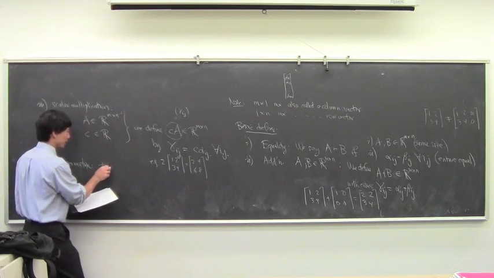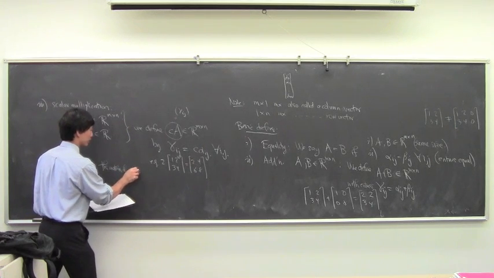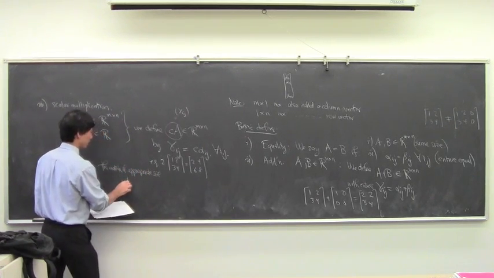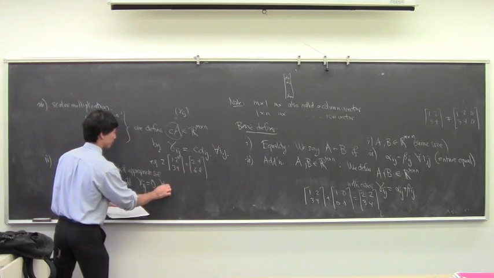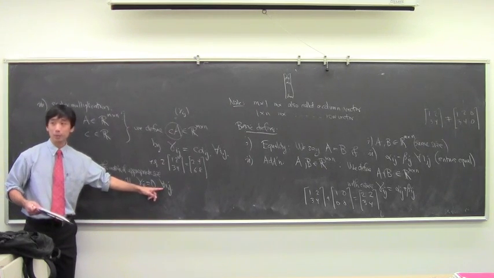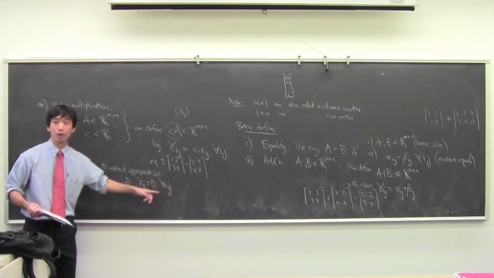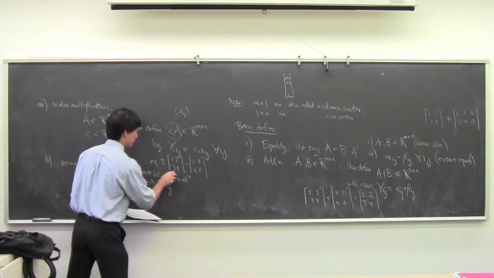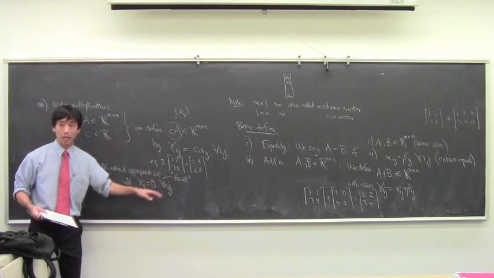It's simply the matrix of the appropriate size with all entries equal to zero. I used the upside down A a couple times; upside down A means for all. So this is 0 for all i and j.